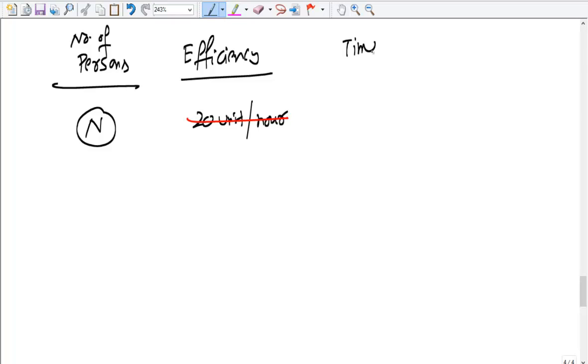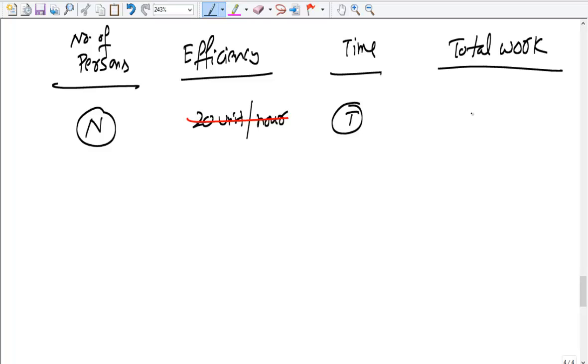The time is absolutely unknown. The time is t here. Now the total work is obviously the product of number of persons into time, that is nt. This is case 1.